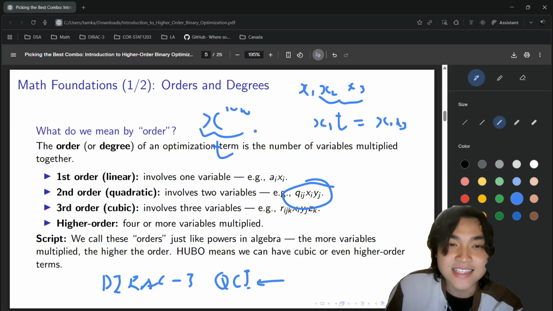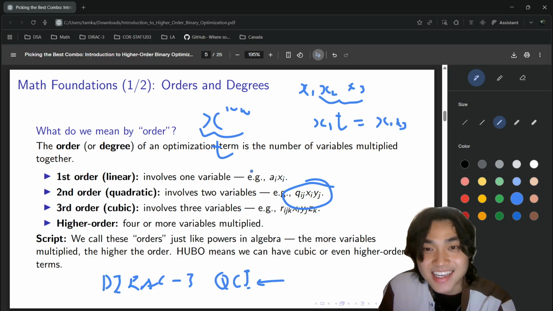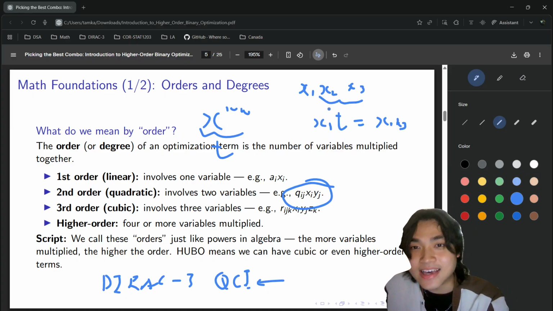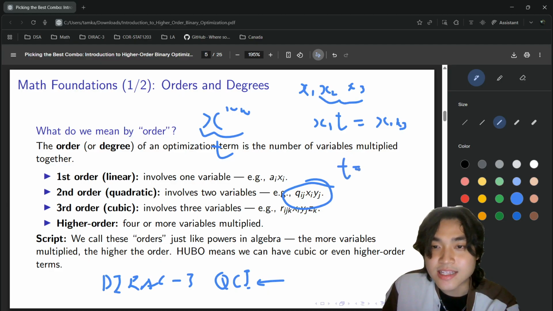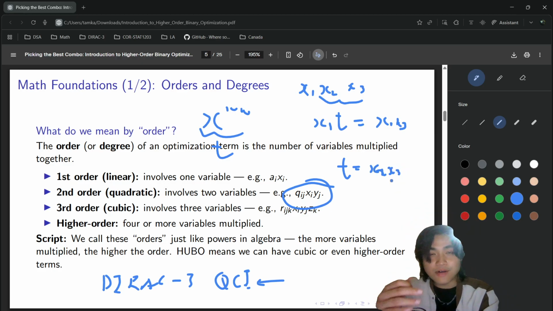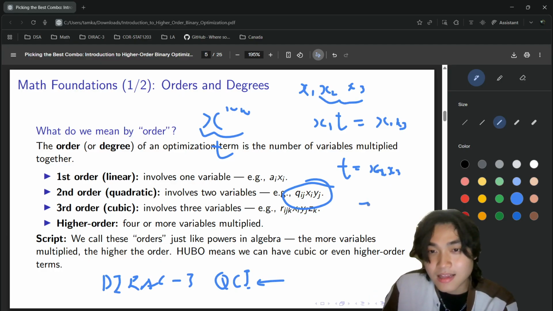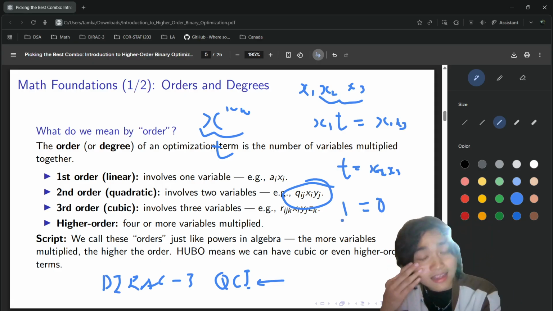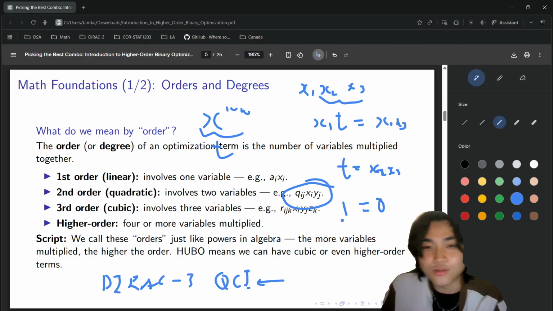But actually the thing is that this entire process is very, very complex. The reason is that when we are doing this, at the back end, we need to make sure that t actually matches x to the power x2 and x3. And solvers don't know that. For example, on the right hand side it can be 0, but on the left hand side on t it can be a 1. It is actually quite annoying to deal with.